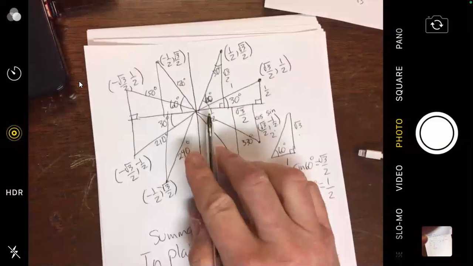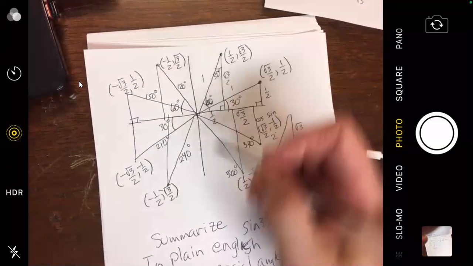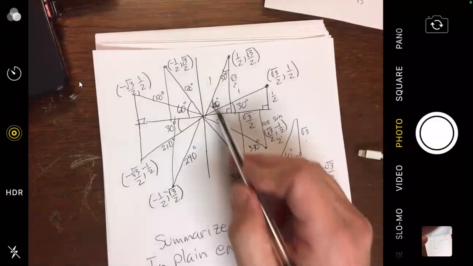You can see that up here. At 60 degrees, your X leg's 1/2, hypotenuse is 1.